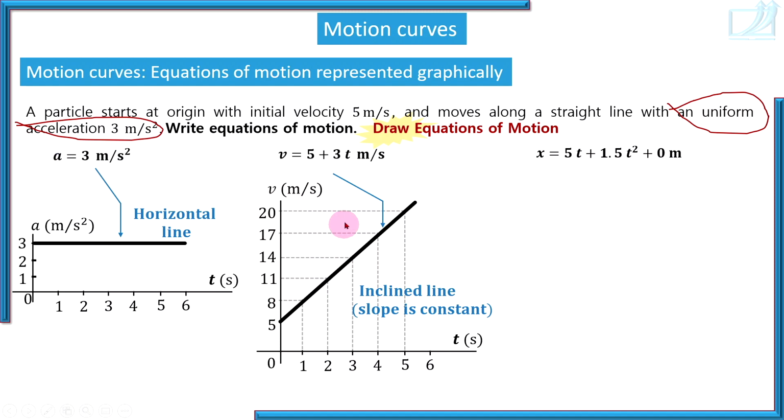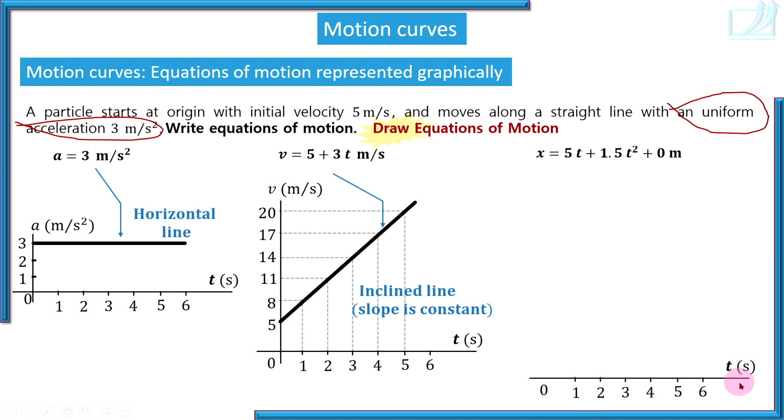So when you use this motion curves approach, remember this statement, acceleration is the slope of the Vt diagram. It means when acceleration is constant, the slope of the Vt diagram is constant, and constant slope means an inclined straight line.